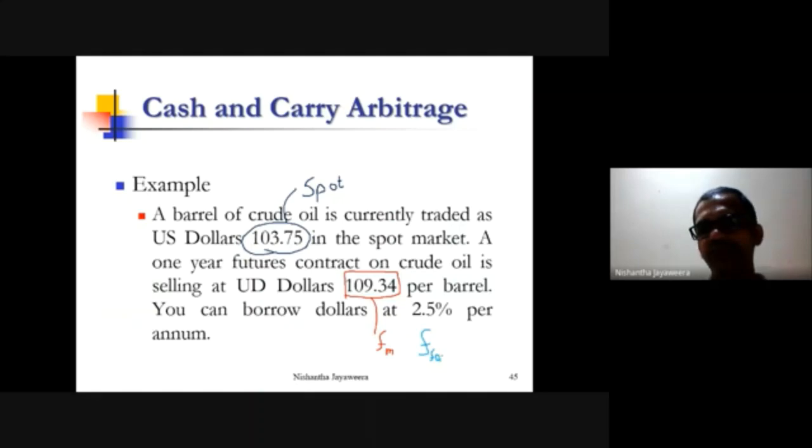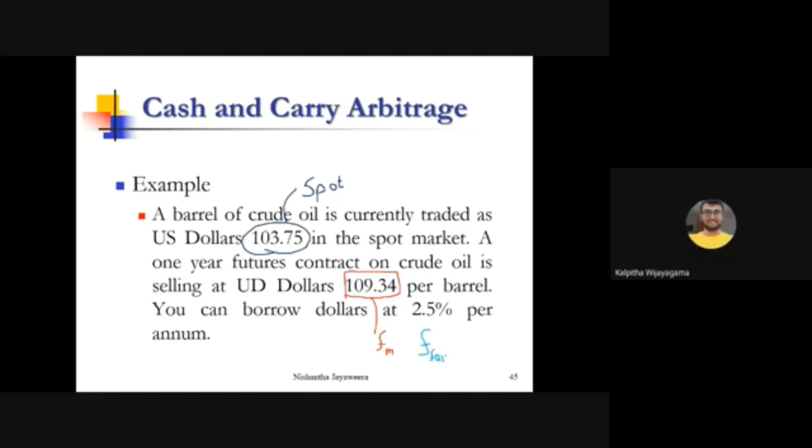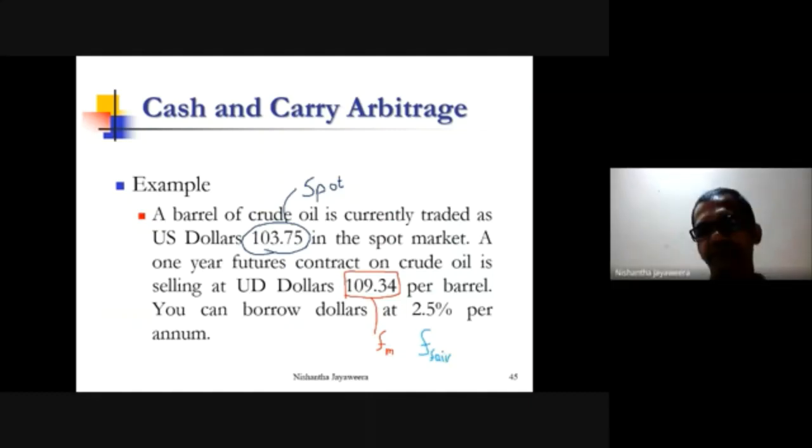How do you calculate futures fair value? How do you know the cost of carry? That depends on the underlying asset, you know what are the costs or the benefits in a practical situation. But assume in your exam, based on whatever the given information, you have to decide.